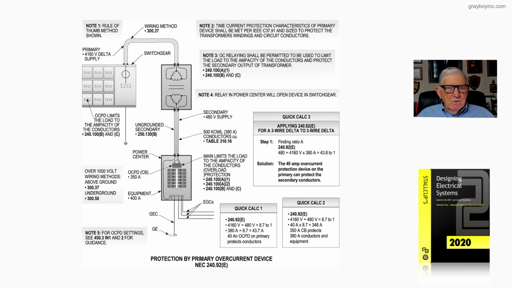For over 1,000 volt wiring systems above ground, we'd go to 377 for the wiring methods. If you're underground, just go to 300.50. Those are outlined so that you don't have to go all through the code looking for the type of wiring methods that can house these conductors.